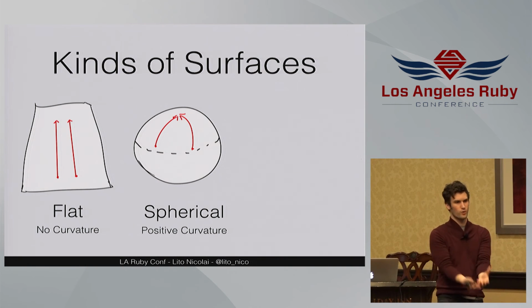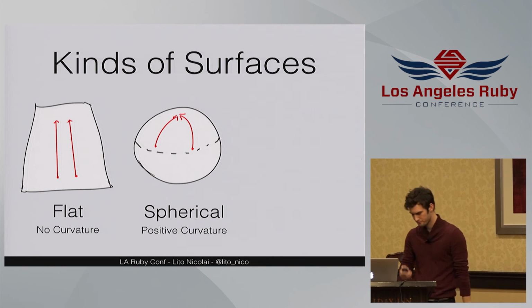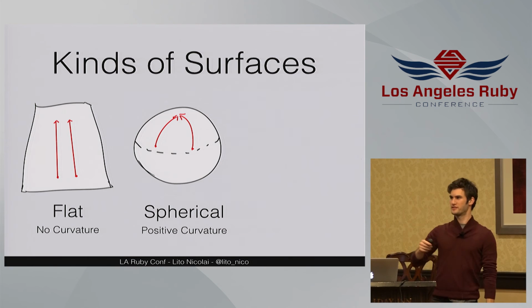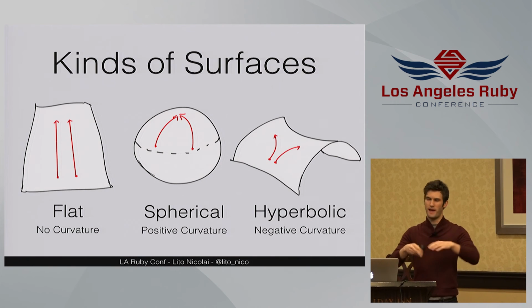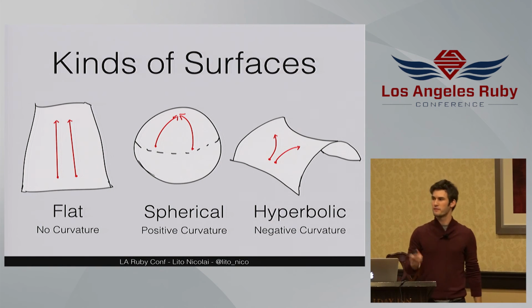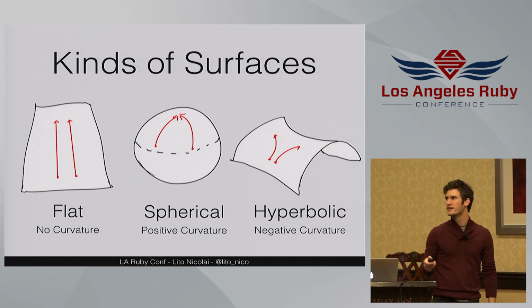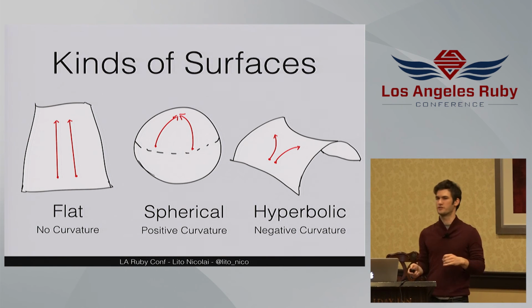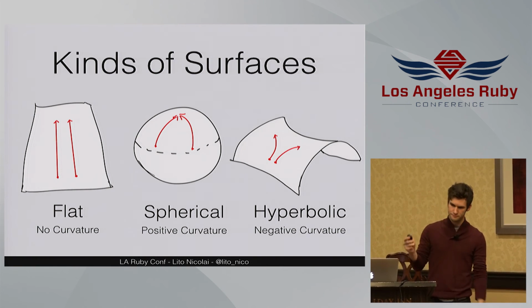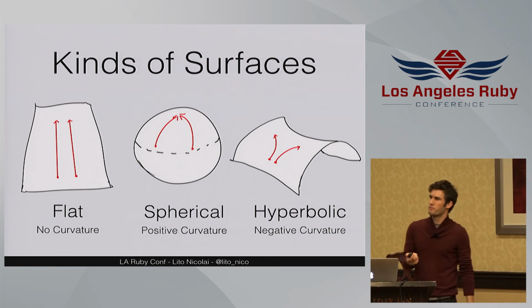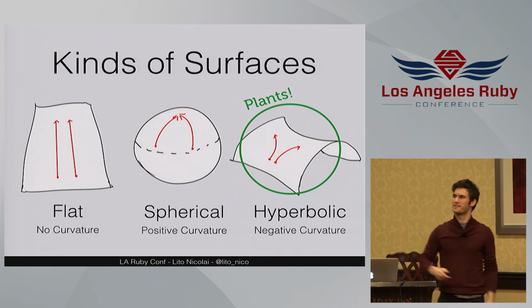You're curving back towards the surface. The opposite of the sphere is this kind of bendy saddle shape that mathematicians have called hyperbolic and given the name of negative curvature, it being opposite the sphere. Oh yeah, that's the one plants have.